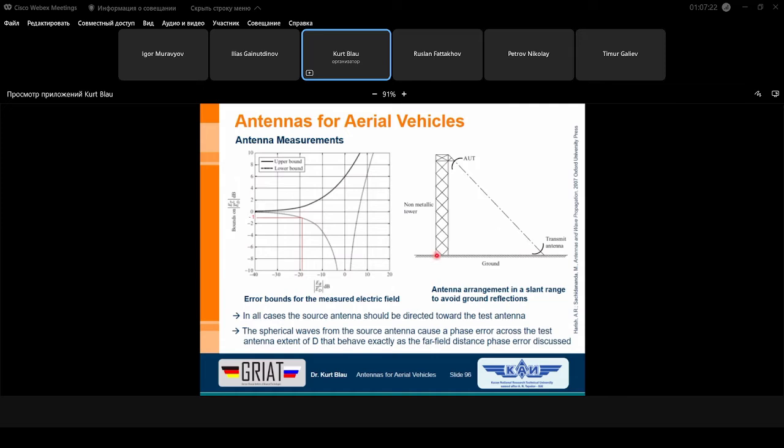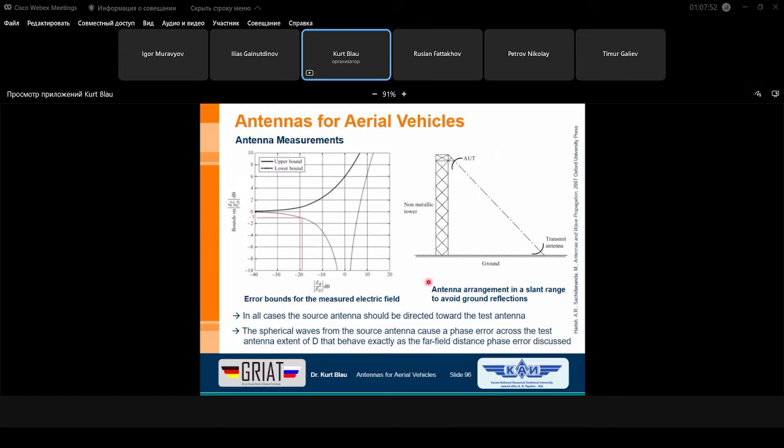The non-metallic tower or mast should have such a height that our far field condition is fulfilled. Also here, this measurement distance has to fulfill the far field condition. This is very important, otherwise we also have very large measurement errors.